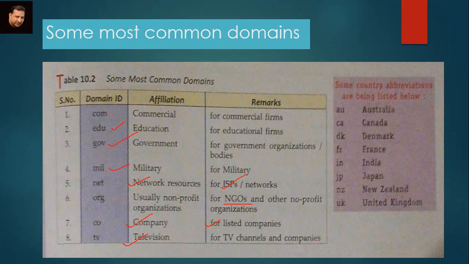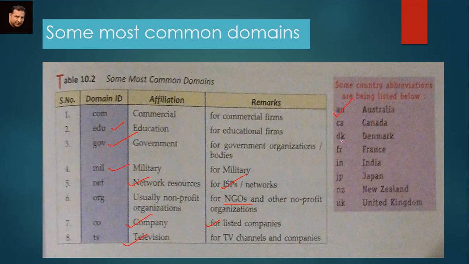Now we have some country abbreviations on the right hand side. See, if you check domains like this, if it is written .au, then the website is from the country Australia.